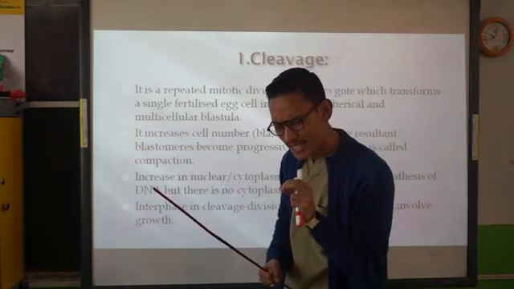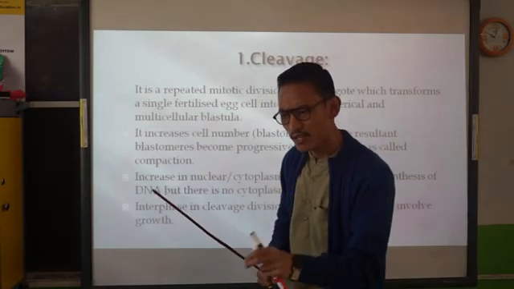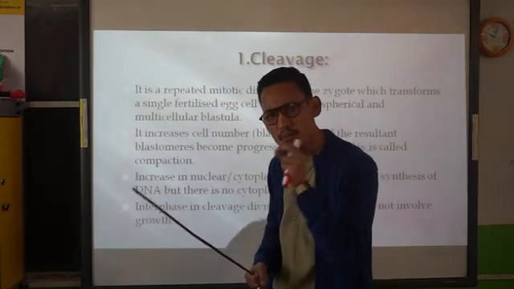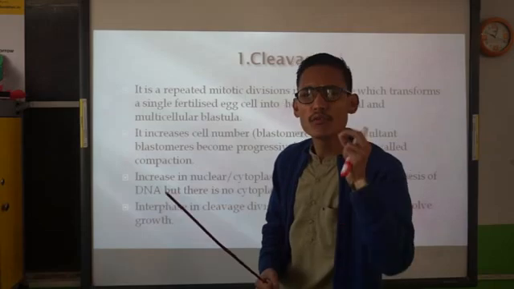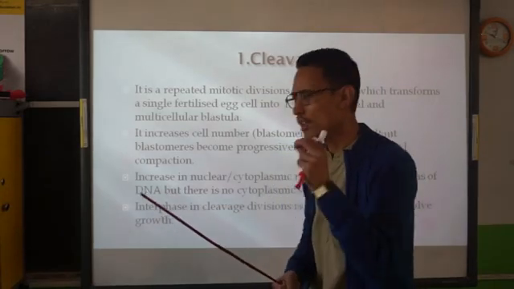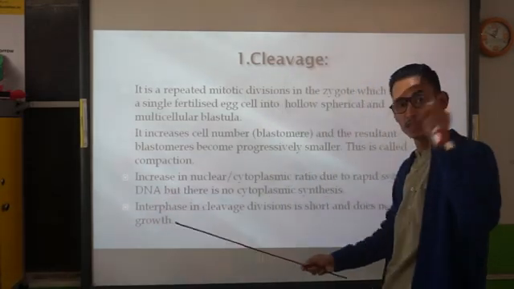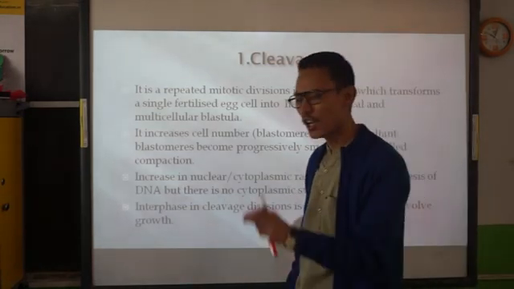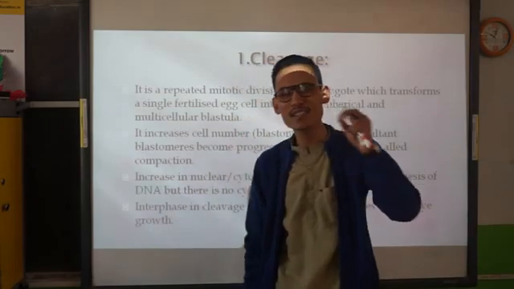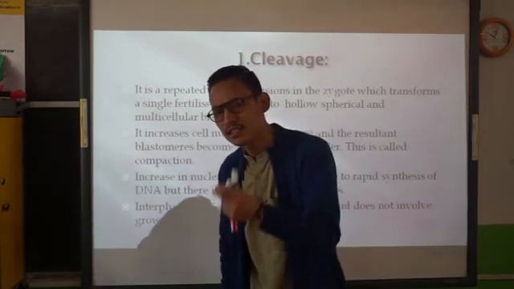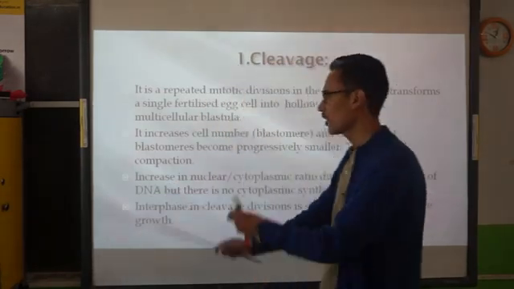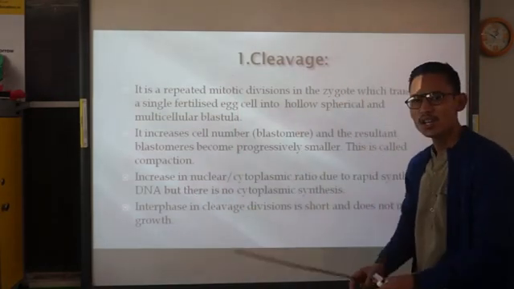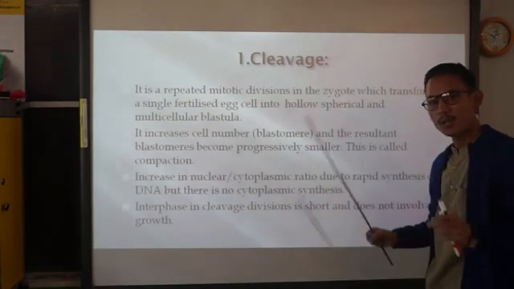So there has to be rapid DNA synthesis to ensure that the chromosomes can be distributed in those newly formed blastomeres. But there is no cytoplasmic synthesis. Only the new DNA will be synthesized, but there will be no synthesis of cytoplasm. So therefore there will be an increase in the nuclear cytoplasmic ratio.